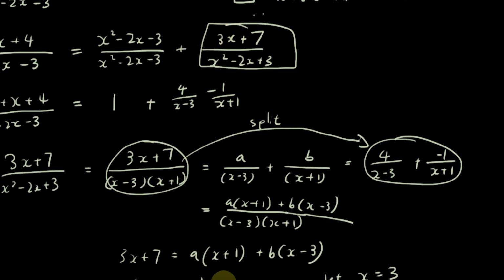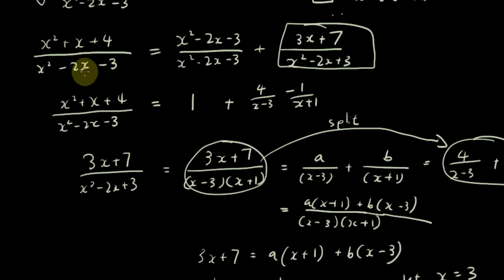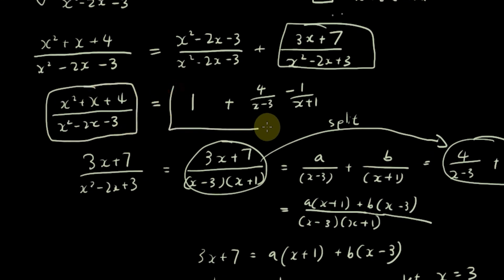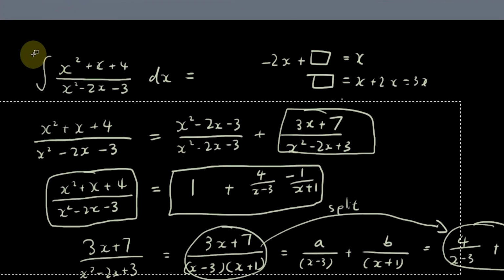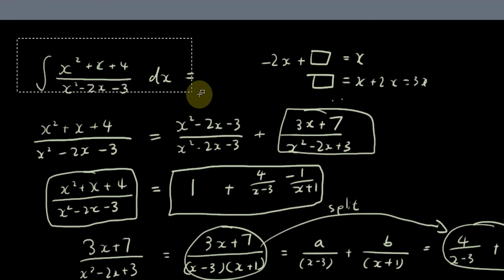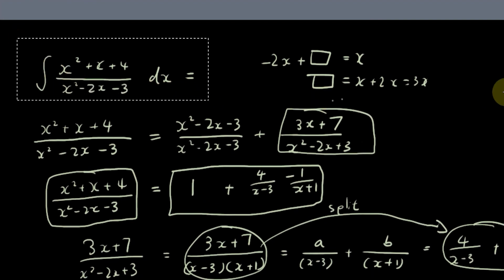So this whole equation, which was given to us in the problem, has now been split into this, which makes it super easy to anti-differentiate. All right, so I'm just going to copy down the question again. Put it over here.